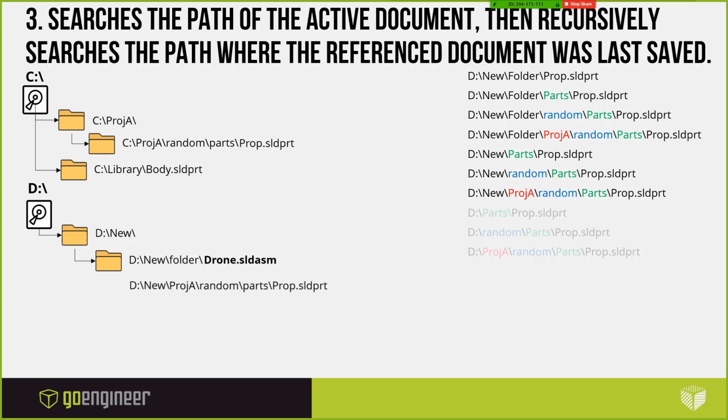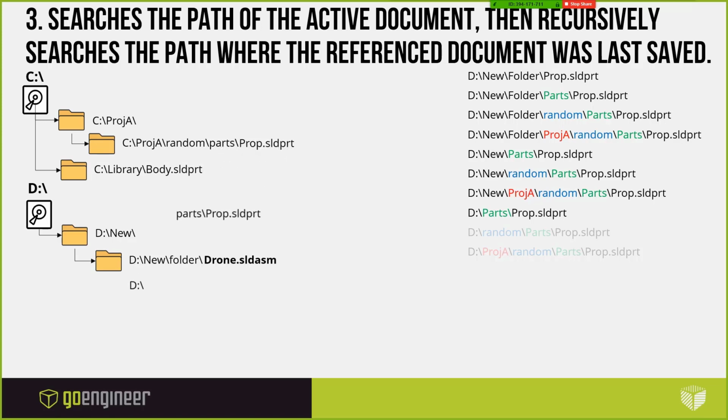And once that's finished, it's actually not done yet. Now it'll insert this folder structure in the C drive. Sorry, not in the C drive, in the drive where the assembly is found. In this case, the D drive.